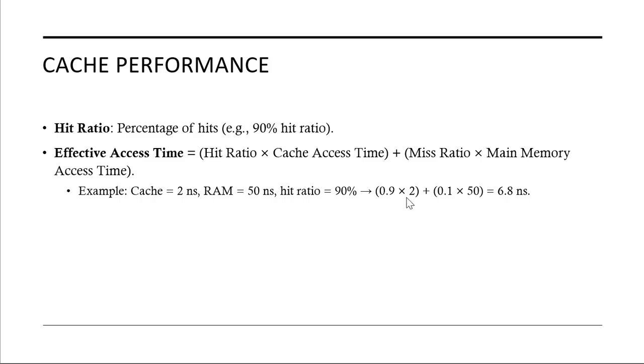And the miss ratio was also converted from the 10% to 0.1, as we see here, and times the cache time, which is 2 nanoseconds, and the RAM access time, which is 50 nanoseconds here. So when we calculated, we got 6.8 nanoseconds. That will be the effective access time we've gotten.